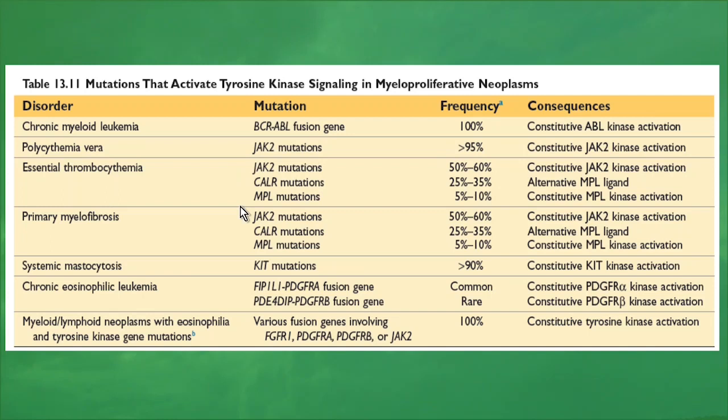Primary myelofibrosis, again similar. And other entities like systemic mastocytosis, chronic eosinophilic leukemia, and myeloid neoplasms with eosinophilia and TK gene mutations show different types of mutations.